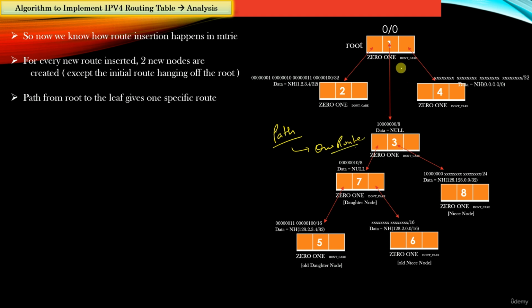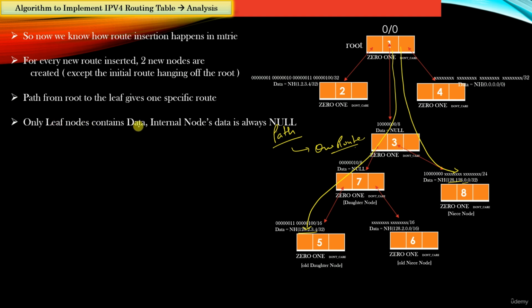For example, if you follow this path, then you will encounter the route 128.2.3.4/32. If you follow this path, you will encounter the route in the leaf, which is 128.128.0.0/32, and so on. Only leaf node contains data.